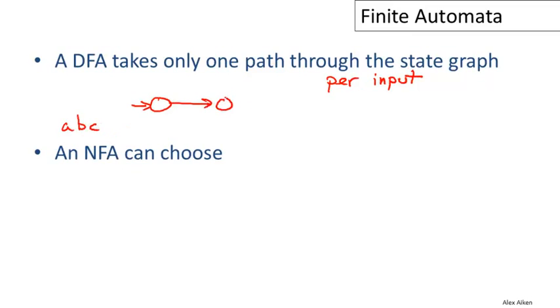And if we look at the sequence of states that the deterministic automaton will take for that input, this path through the state graph is completely determined by the input because, again, it has no choice. In a given state, there's only going to be one transition labeled A, and it's going to take you to a state that only has one transition labeled B, and that goes to another state that only has one transition labeled C. And so every input determines the path through the state graph that the automaton will take.